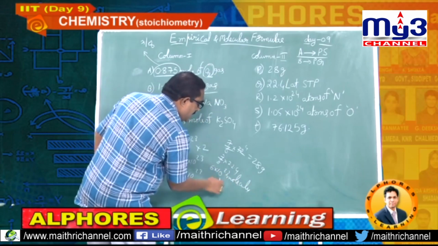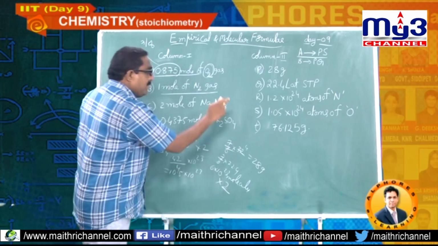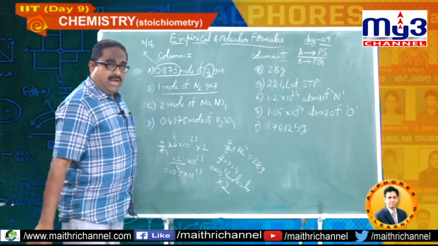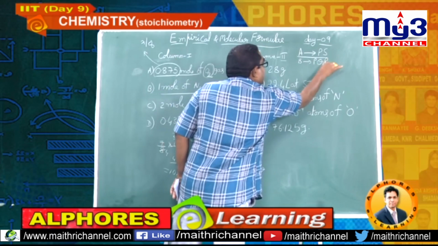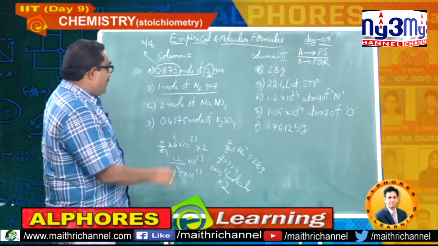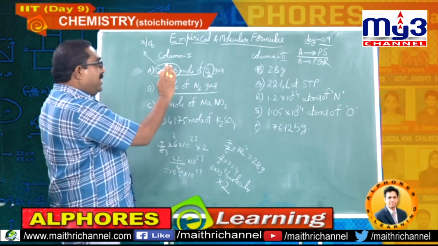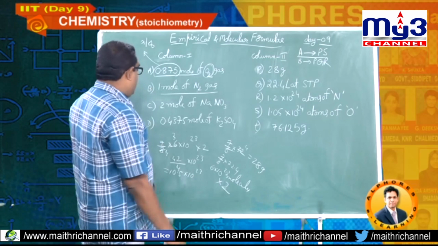Again, each nitrogen molecule contains 2 atoms. That is 12 into 10 power 23. You can write it as 1.2 into 10 power 24. So B is also matched with R. No doubt it does not match with this weight. So B is finally matched with P, Q and as well as R.